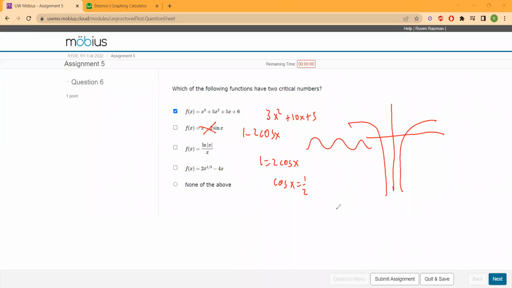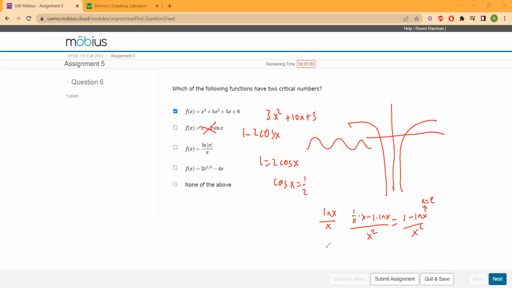So if we take x as positive, ln of x over x, while x is positive, would yield, if we take the derivative, 1 over x times x minus 1 times ln of x, over x squared, which is going to give you 1 minus ln x over x squared. And so this yields a critical point when x is equal to e.